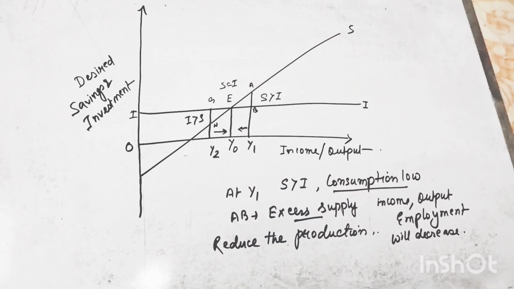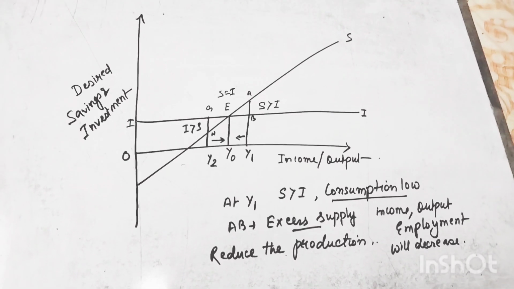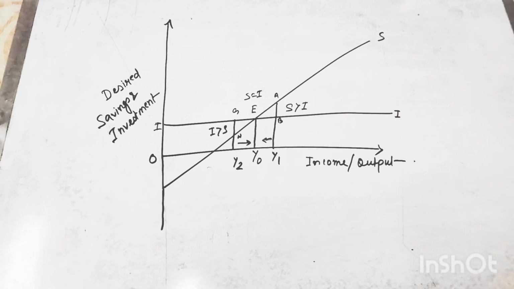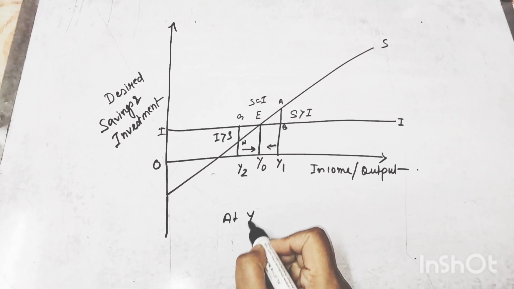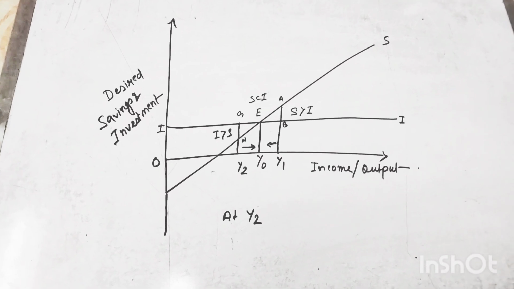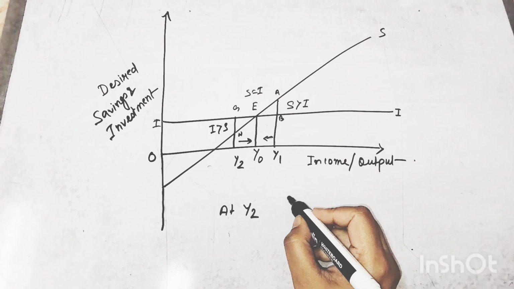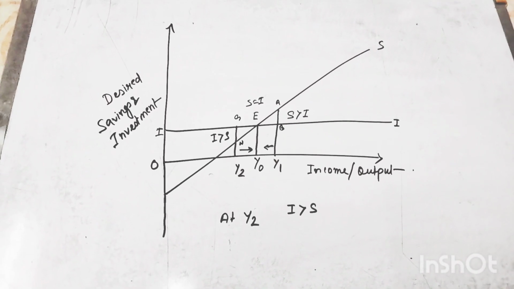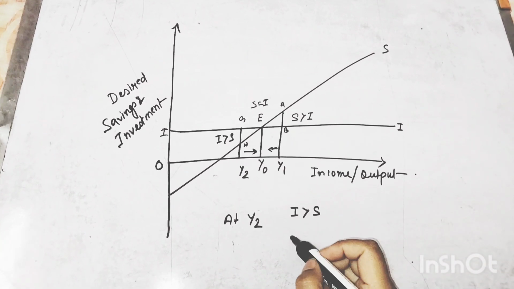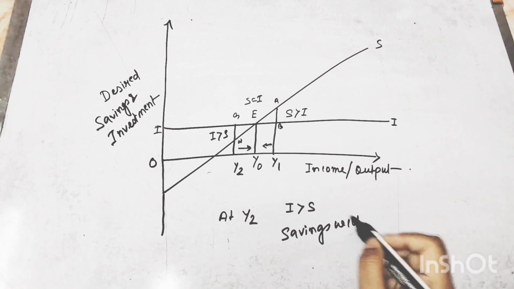Okay. Next we'll see what will happen at Y2 level of income. At Y2, investment will be greater than savings. That means your savings will be low.